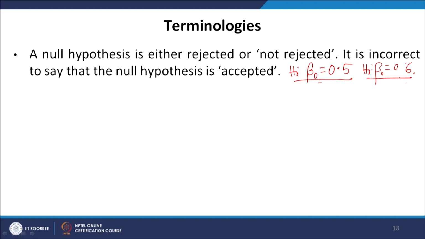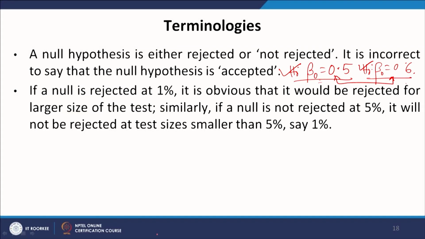So, that is why we say that we have not rejected this, we have not rejected this. We actually do not become very affirmative about the fact that we have accepted them, because we are not sure between these two which one can be accepted, and it is quite possible that both of them are not rejected.